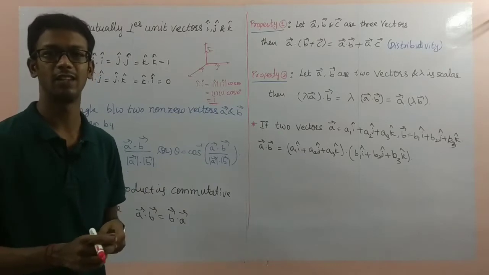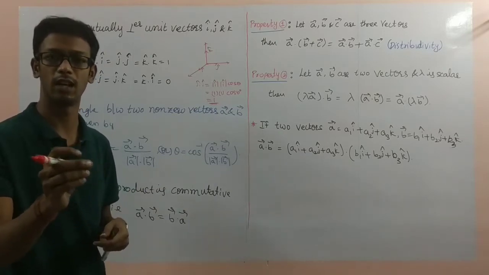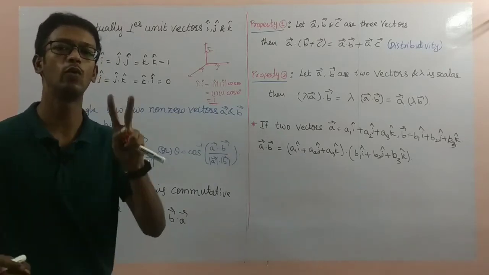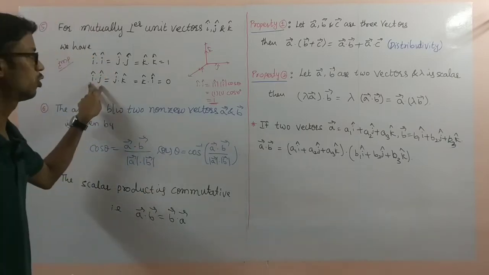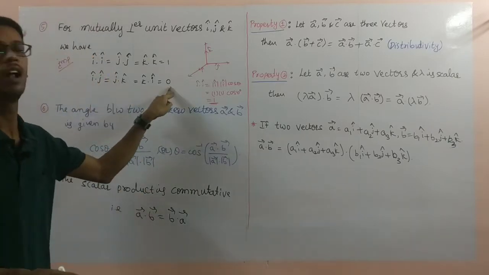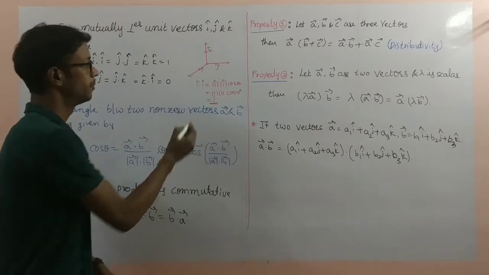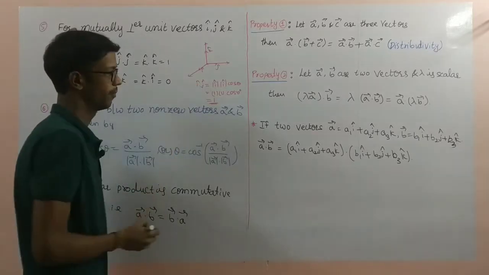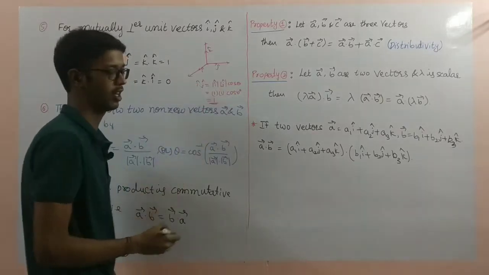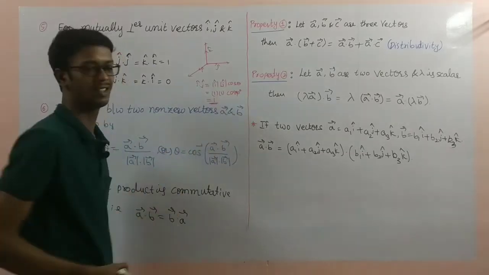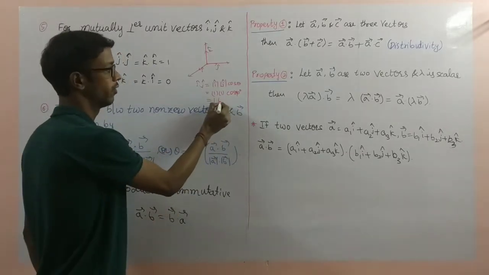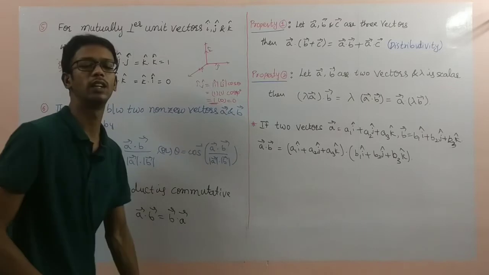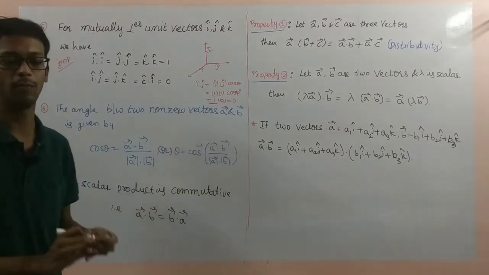Previously we discussed A bar dot B bar is equal to 0 if and only if the two vectors are perpendicular. Otherwise, one more way: magnitude of i dot j, mutually perpendicular means 90 degrees. So the 90 degrees value is 0. Total will be 0. So this is the way of simplification.